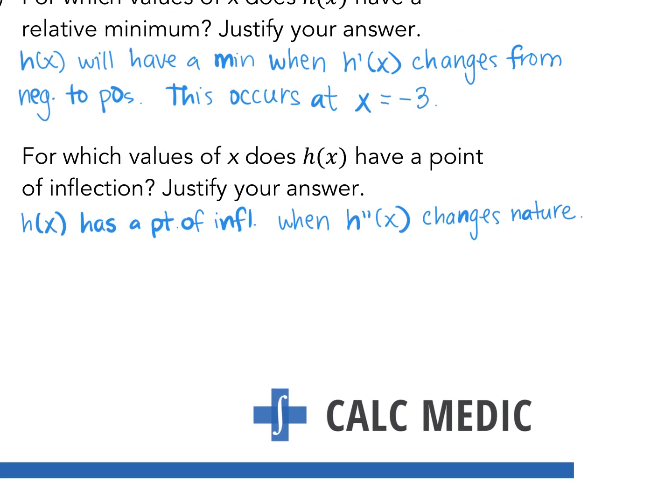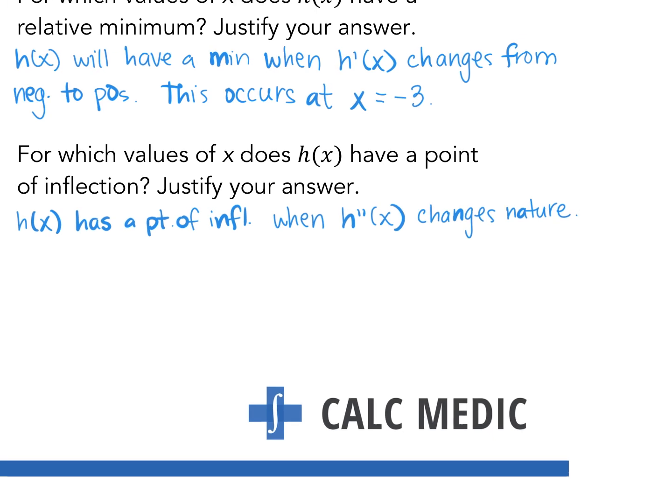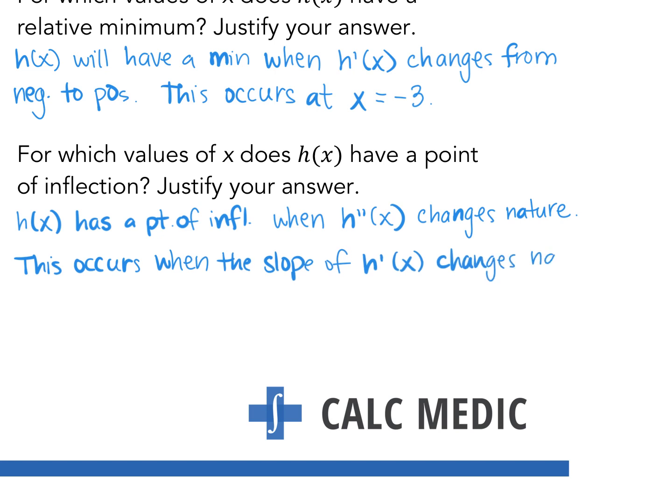I only have h prime of x. Okay, so I would say this occurs when the slope of h prime changes nature. And then I'll look back at it. So then this occurs at x equals.